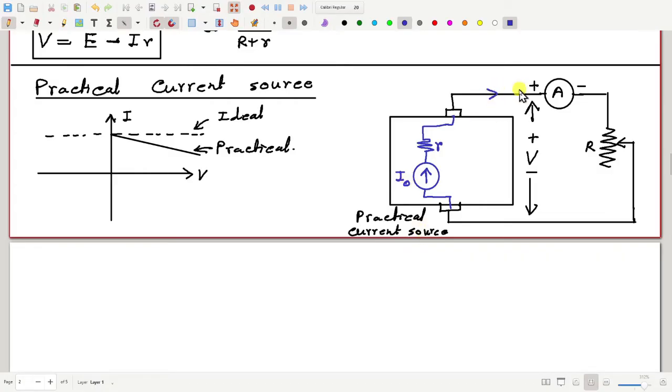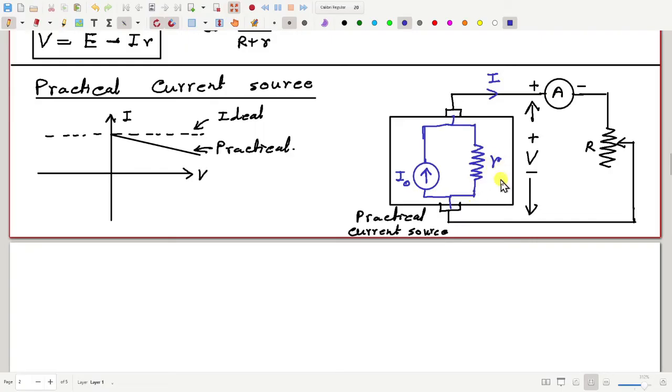then how much will be this current I? It's always equal to I naught, irrespective of the series resistance, it will give the same current, right? So this cannot explain this behavior. Therefore, to explain this, we have to model this with a parallel resistance.